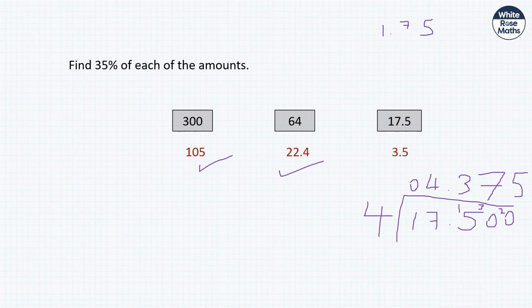And 4 fives is 20. So it's going to be 4.375. So I think there's a mistake in the White Rose Maths, but that's fine, because everyone makes mistakes. 5 there. That's going to be 12. Carry the 1. That's going to be 11. So the correct answer here should be 6.125, not 3.5 for that one. So that is incorrect.